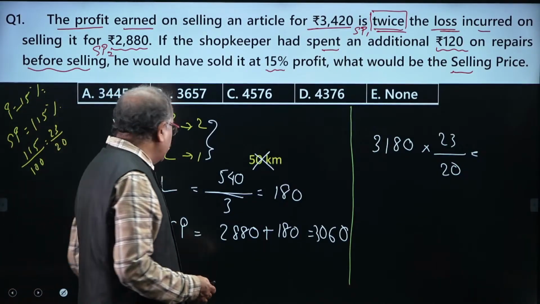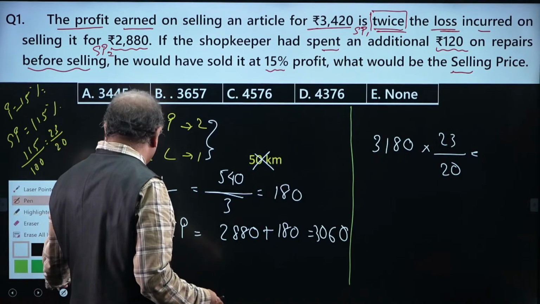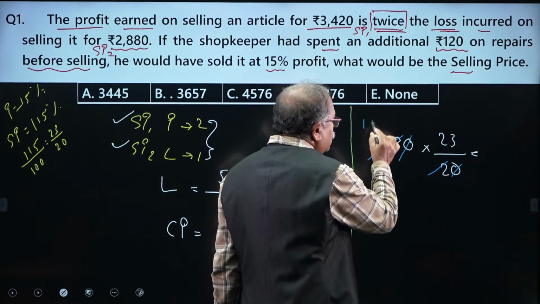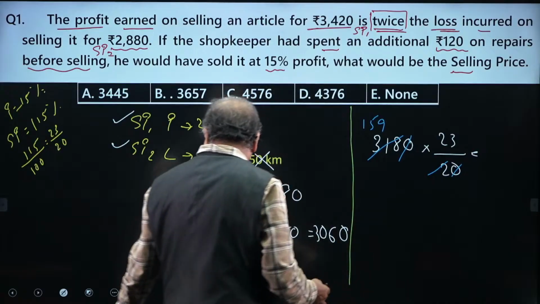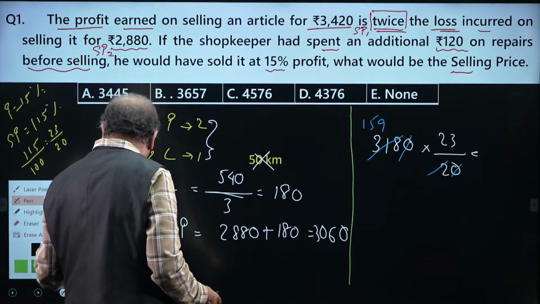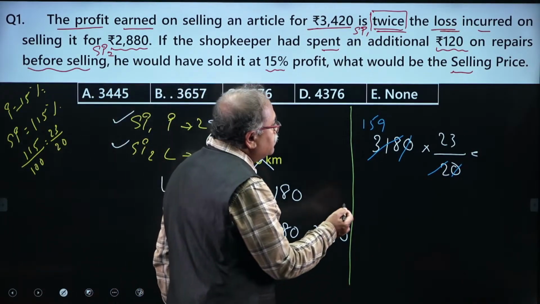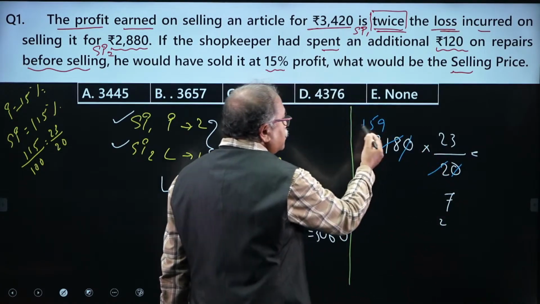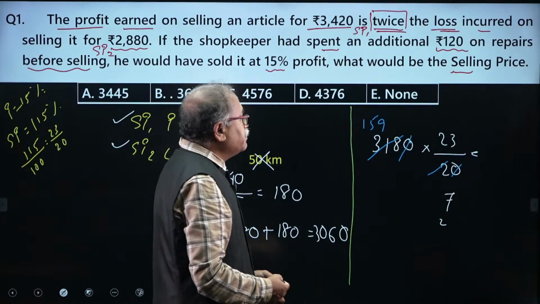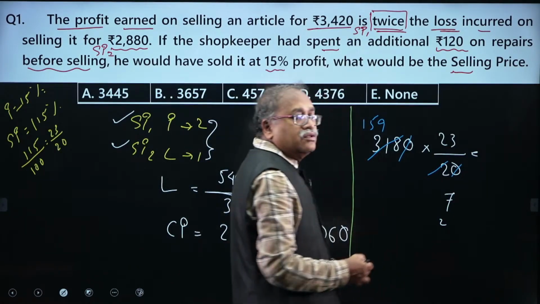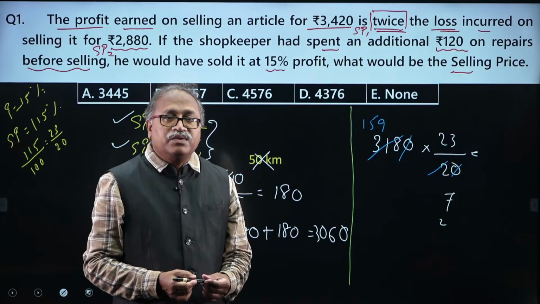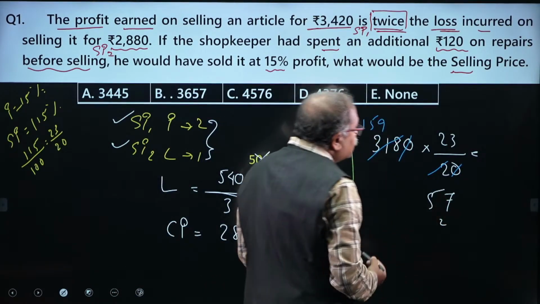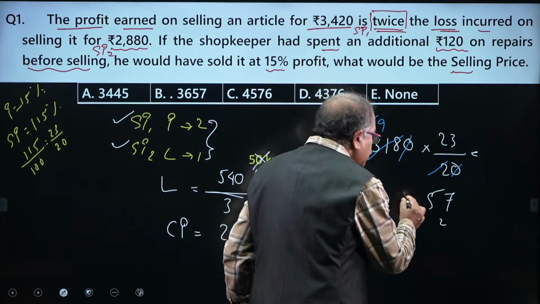Okay, so what is the answer? Let me finally check with the calculation here. As the 0 gets cancelled, this is 159, and when I multiply 159 by 23, I get 3657.